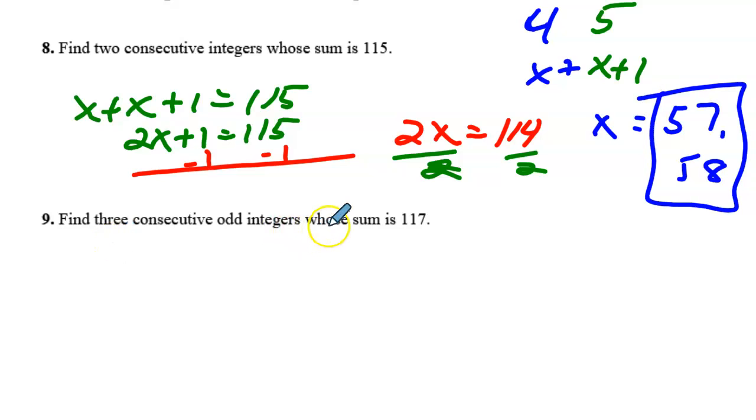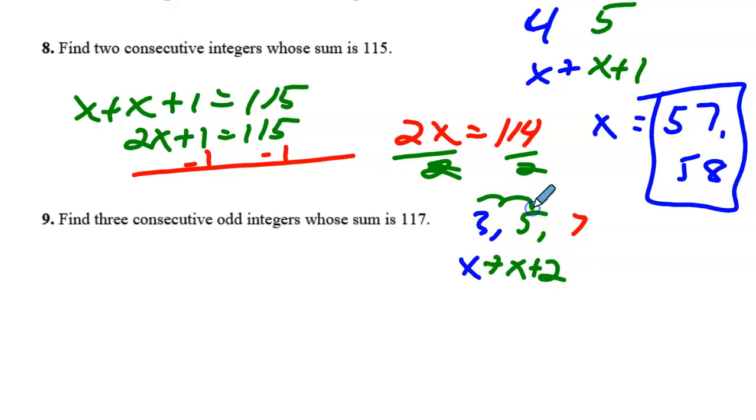Consecutive odd integers would be like 3, 5, and 7. But what we want to notice is that if we call the first one x, we'd have to call the next one x plus 2 because it's 2 away.